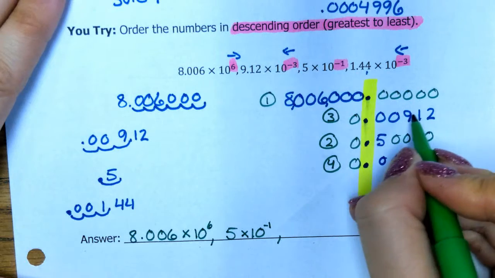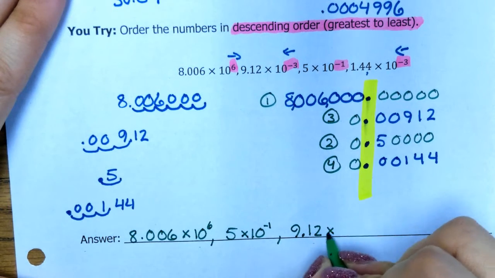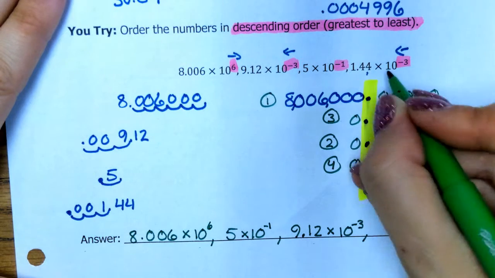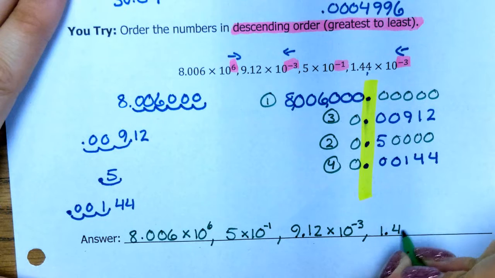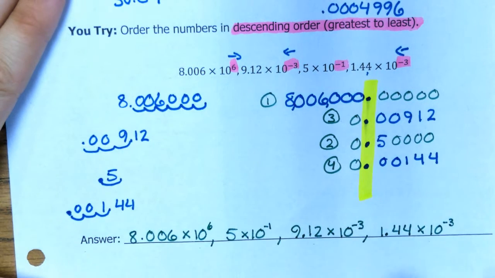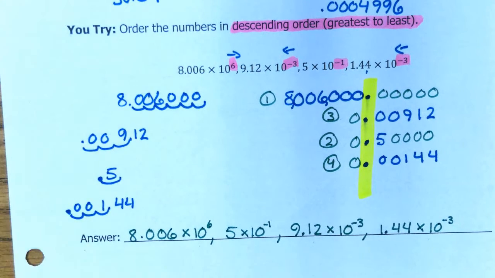Number 3, that was this one. And number 4 is this one. This is how an answer choice would be. So it's important to know that you have to write them back in that original form.